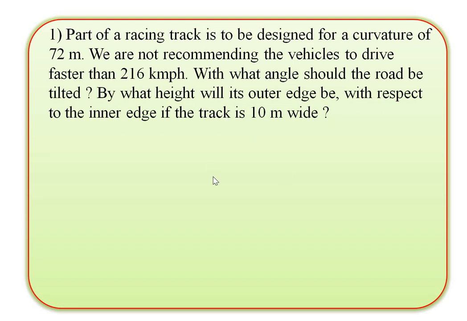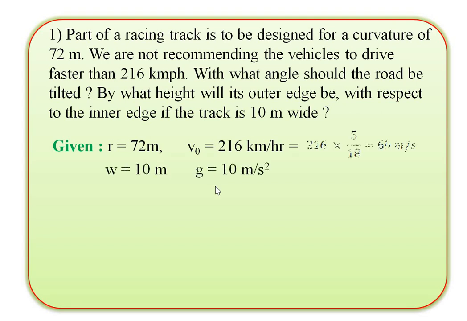So let's see the data which is given in this example. First given is r, the radius, 72 meter, and velocity 216 kilometer per hour. Remember this unit kilometer per hour can be converted into meter per second.